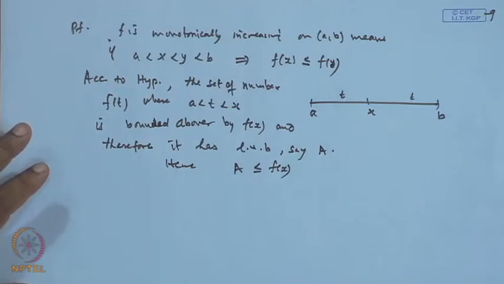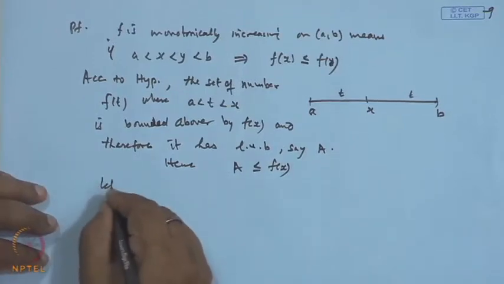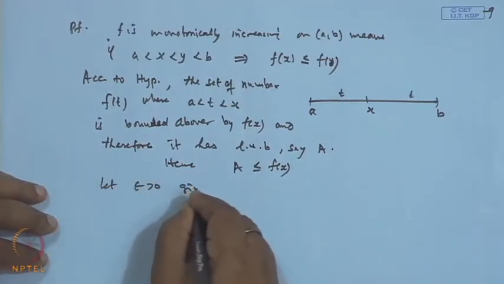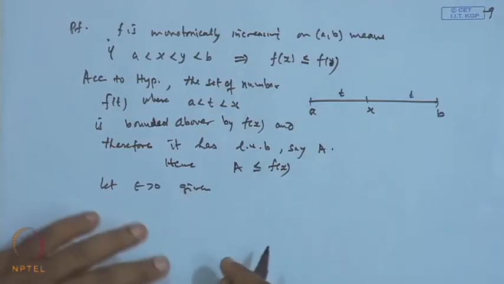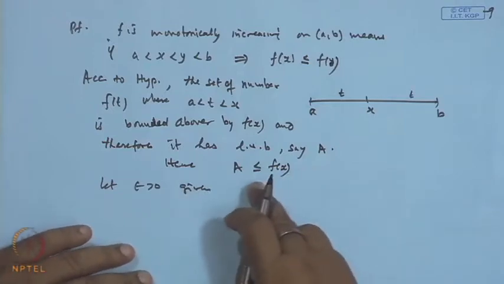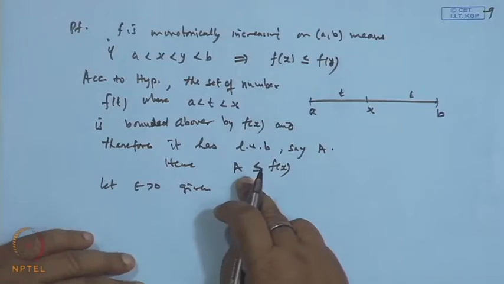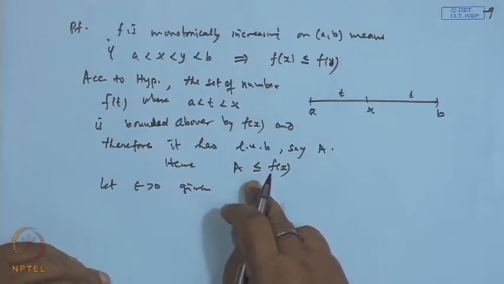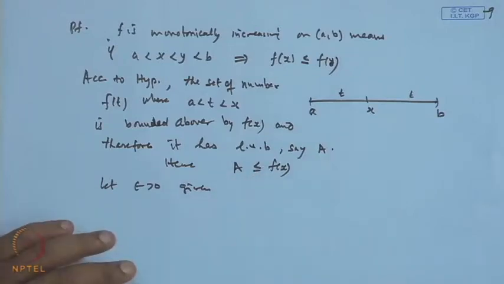Okay. Now, we have to show that the same holds. Let epsilon greater than 0 be given. If I choose a number slightly lower than a, say a minus epsilon, then it will not behave as an upper bound.